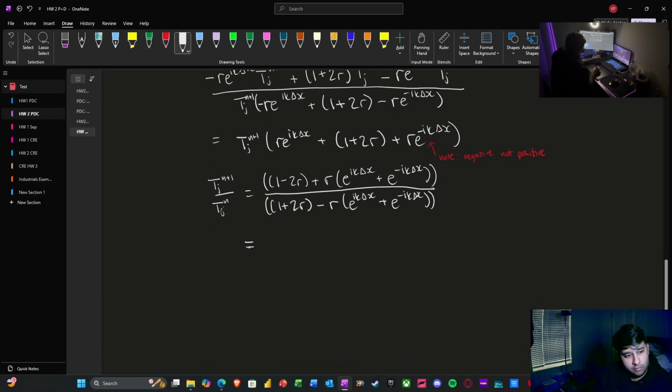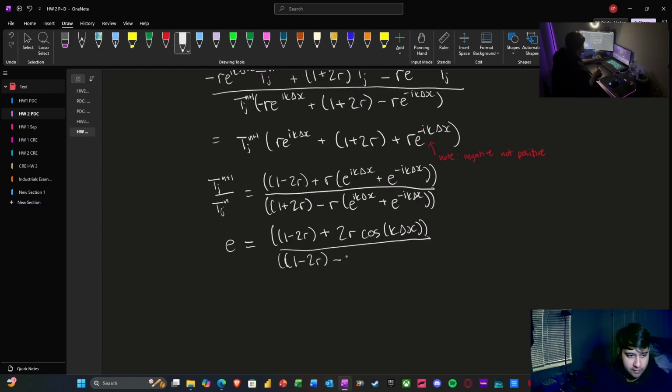And then if we simplify this down and integrate it so that our e is isolated, we find that our 1 minus 2r plus 2r cosine kΔx over 1 minus 2r minus or plus minus 2r cosine kΔx.